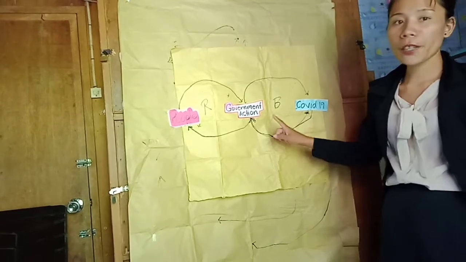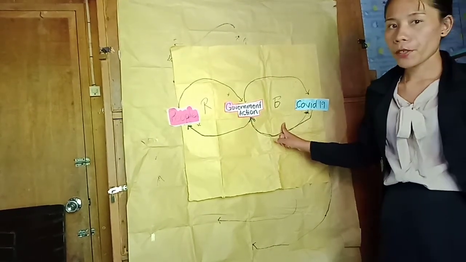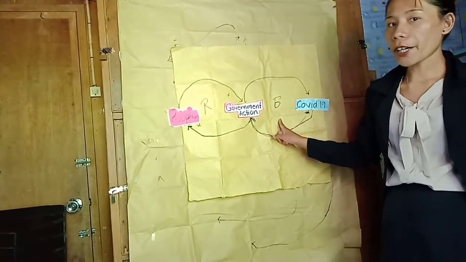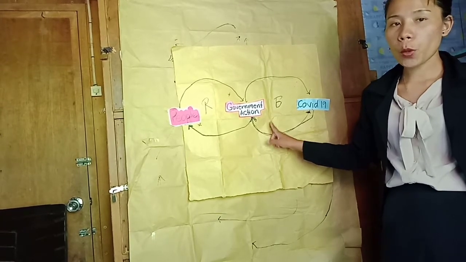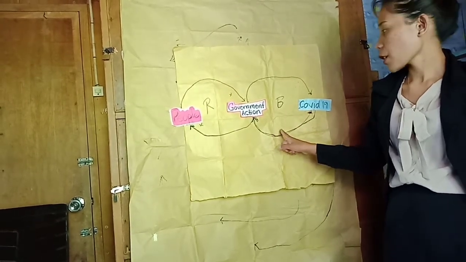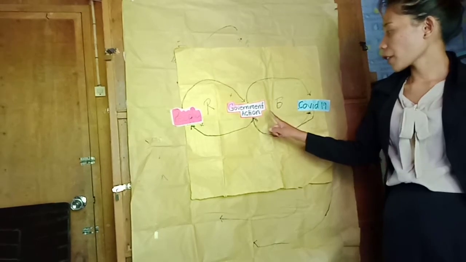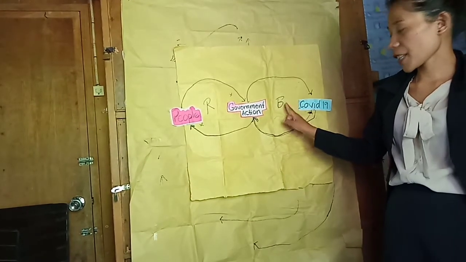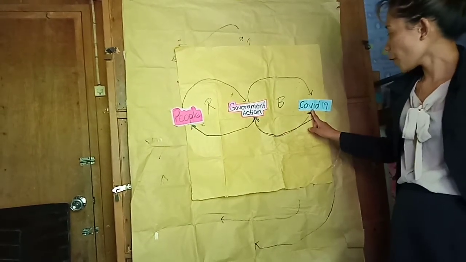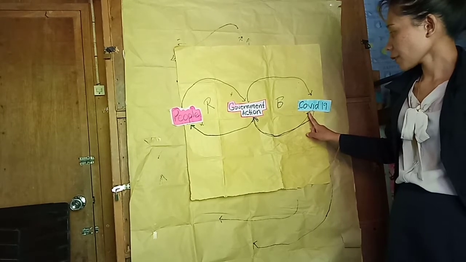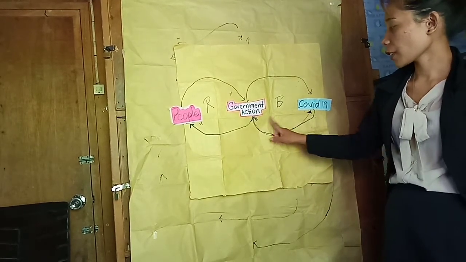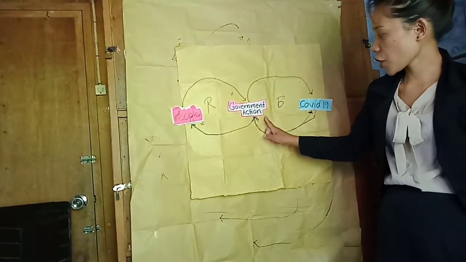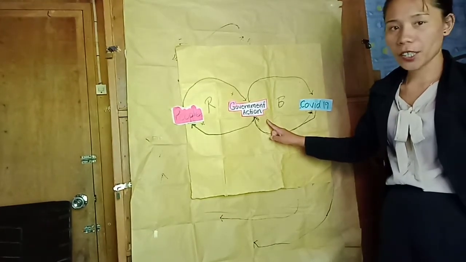Now I'm going to make a balancing loop. Balancing loops are variables which move in the opposite direction. Like in this example, COVID-19 takes the government action, which is positive.